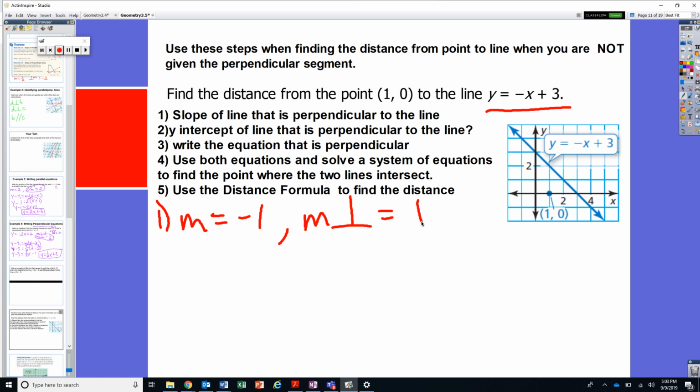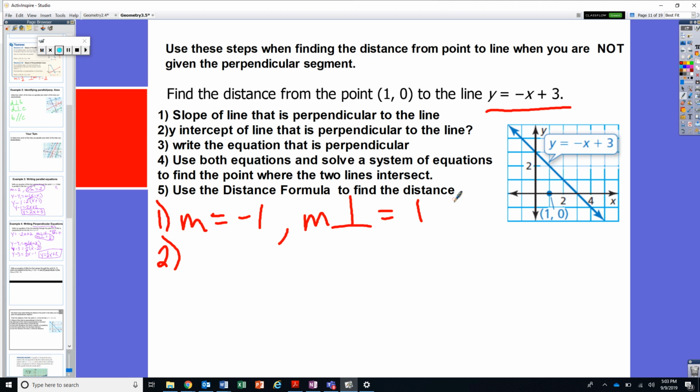Okay. Now, for step 2, we want to identify the y-intercept of the line. We know that it goes through the point 1 comma 0, right? So that is going to be that one extra little point. You can utilize slope-intercept form, you can utilize point-slope form. It's completely up to you. We know that the point 1 comma 0 lies on this line, and it also has the slope of positive 1.